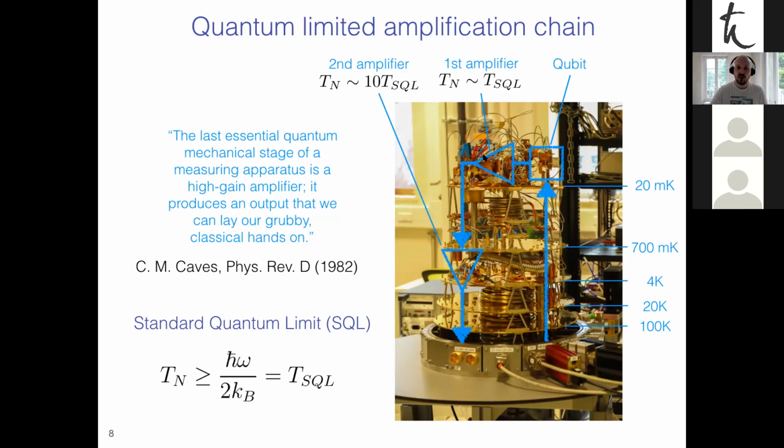And then you want to amplify it, if possible, with a quantum limited amplifier. This is our first amplifier. And then you usually need a second amplifier, and sometimes even a third amplifier to make your signal bigger and bigger and bigger. But if your first amplifier is extremely good, if it's quantum limited, I will show you now that if the second one is not as good, it's still fine.